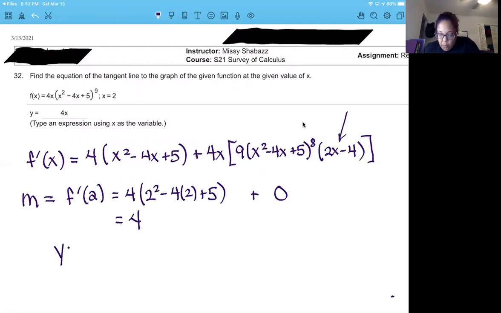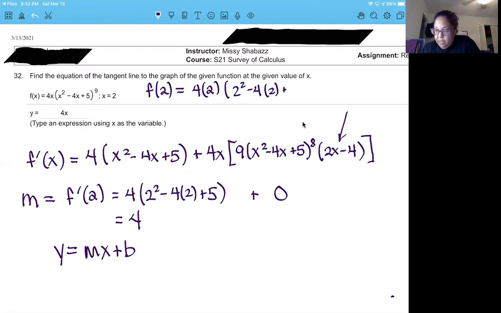I'm going to plug into y equals mx plus b. I need to figure out what my y value is at 2. So 4 times 2 squared minus 4 times 2 plus 5. And I think we already figured out that that was 1 to the ninth.